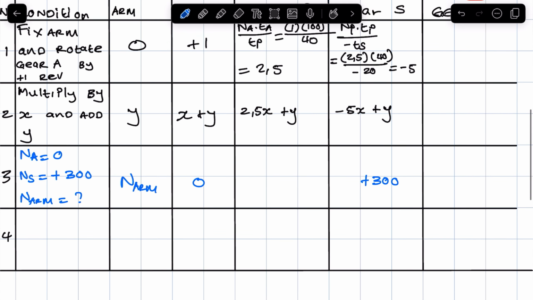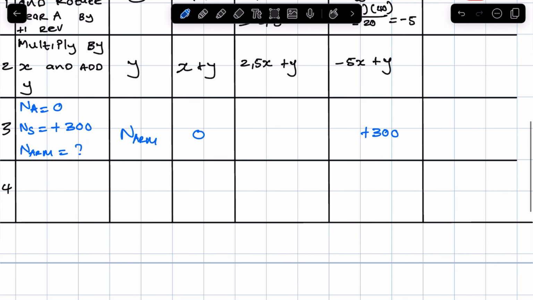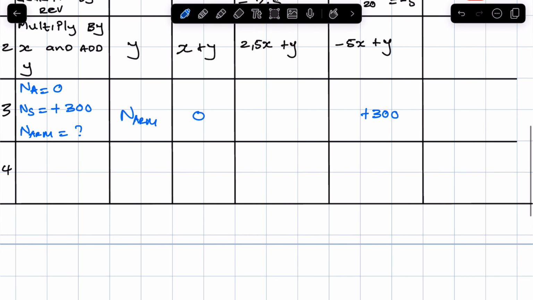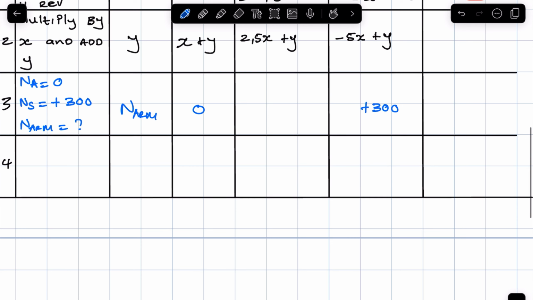Now what we do next is we equate the condition we are on with condition 2 to establish equations which we will then solve simultaneously. So again, you equate condition 2 with your current condition, our current condition being condition 3. So we're going to equate y to the third condition.